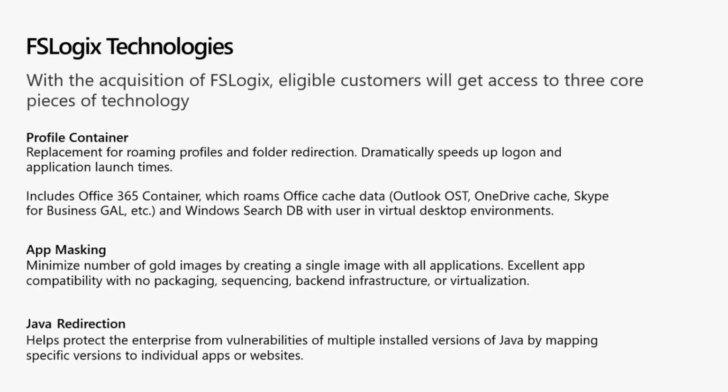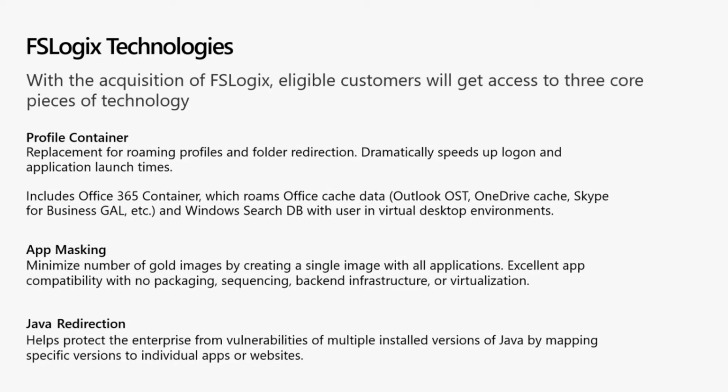Traditionally, you would end up building a gold image for each different user so that the applications they need are available to them. It's hard to manage, and we understand that. With app masking, you just build one golden image and then configure a specific group of users so that they only see those applications which they have access to.